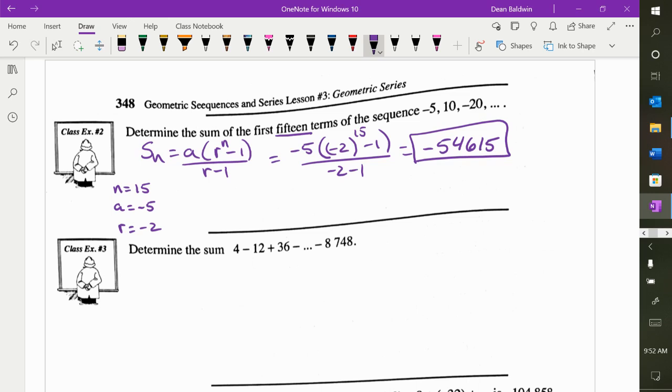It's not over. Are you doing it all in one line? Okay, so what'd you get? Okay. Divide by negative 3. I don't know what I'm doing wrong.